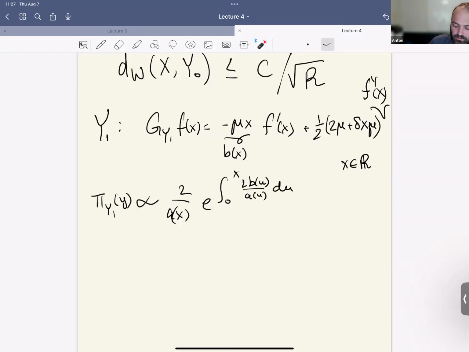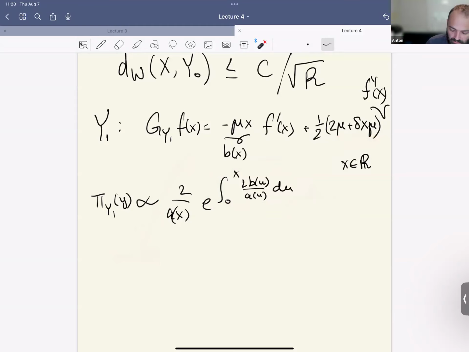Now, this a will get negative as x goes to negative infinity, right? This thing is positive when x is bigger than or equal to 0. So if a becomes negative as x goes to negative infinity, the integral in the exponent is going to be very, very positive. You're going to have something like e to something very, very positive. And therefore, if we integrate this from negative infinity to infinity dx, that integral will not exist. So this is why having a negative diffusion coefficient is no good.